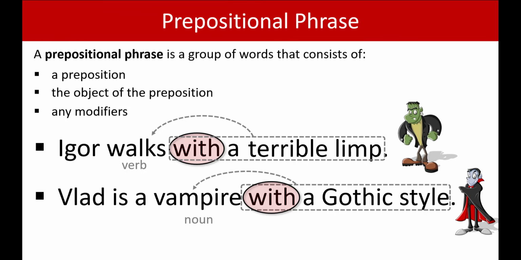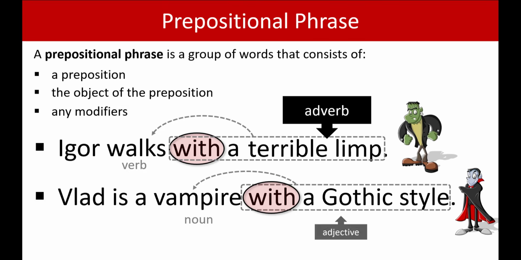That means that the top one is functioning like an adverb and the bottom one is functioning like an adjective. Because adverbs tell us about verbs and adjectives tell us about nouns. Prepositional phrases always function as either an adjective or an adverb. We're not going to do too much about that now, but there is more about that on the website.